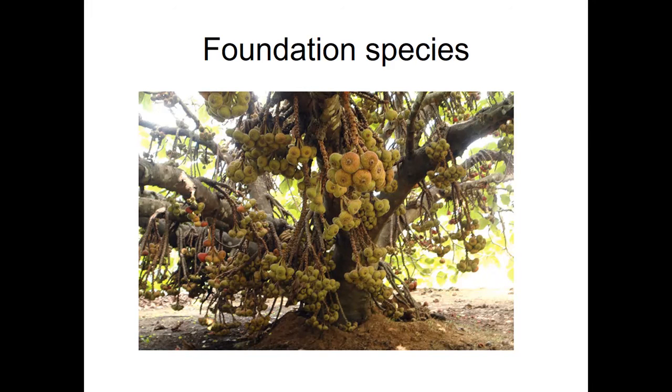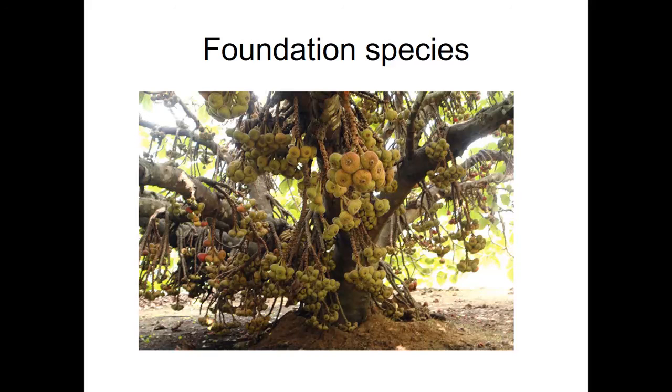So foundation species, think about them as laying the foundation. They are big, or they're really abundant, so they provide a lot of habitat or a lot of food. A good example is the fig tree that you're looking at here. It's a very, very large tree, and in some places it becomes quite abundant. So it provides habitat for thousands of insects, reptiles, birds, rodents, and is a really important food source.